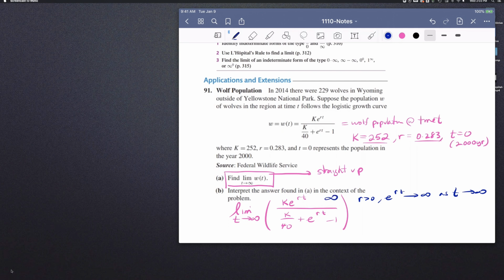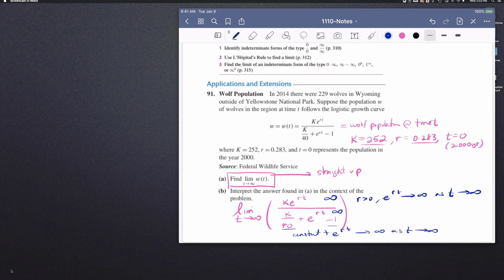In the denominator, k over 40 is a constant, minus 1 is also a constant, so we have some constant plus e to the rt, which goes to infinity as t gets really big.